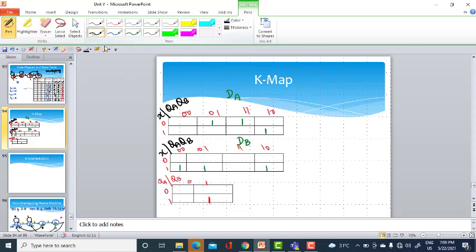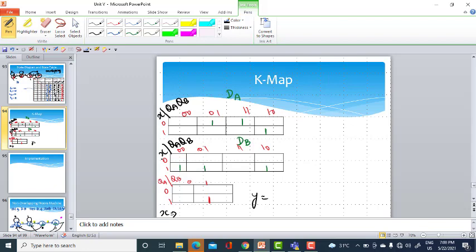So for deriving the expression for output, we exclude the input x, and only the present state is considered, because the present state determines your output. So qa and qb are the present state, and you will have a 2 variable K-map here.